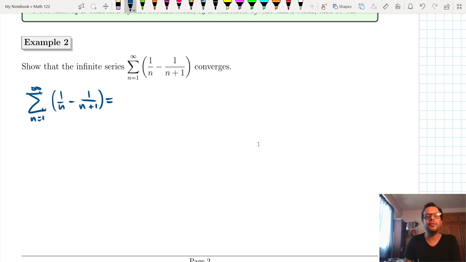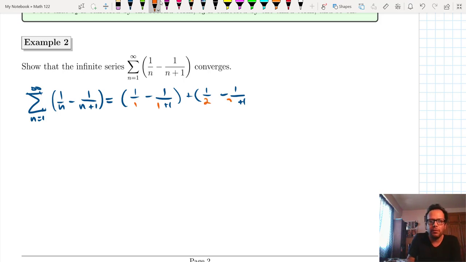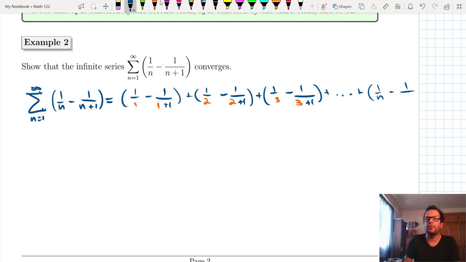We are going to develop a few terms. 1 over 1 minus 1 over 1 plus 1, plus 1 over 2 minus 1 over 2 plus 1, plus 1 over 3 minus 1 over 3 plus 1, and I'm just going to keep going, plus dot dot dot plus 1 over n minus 1 over n plus 1.